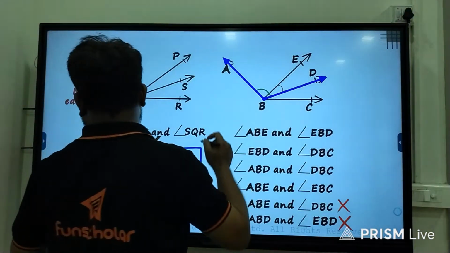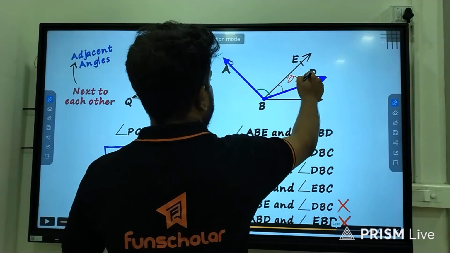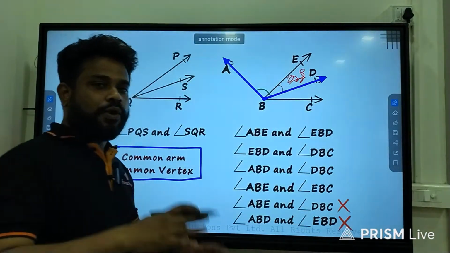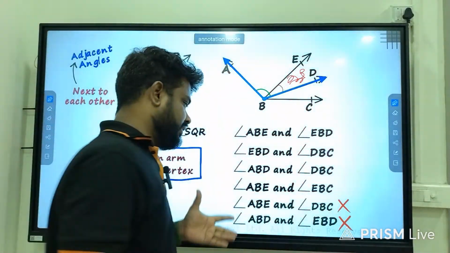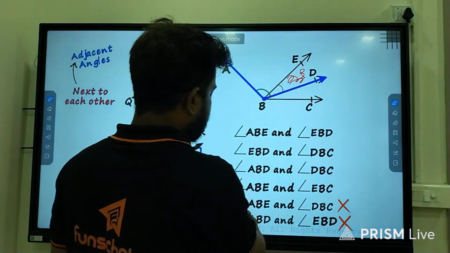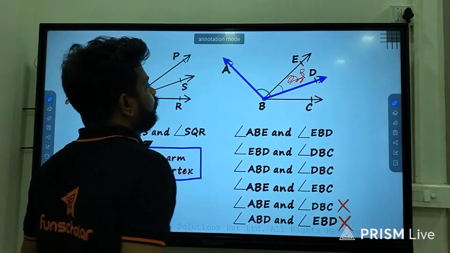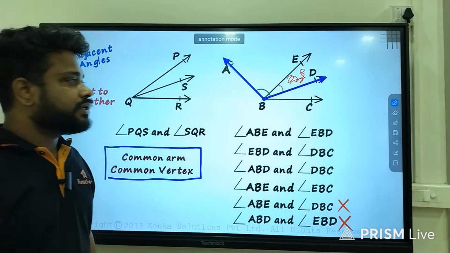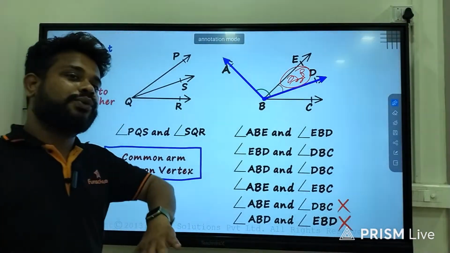So there is a blank spot here which is not being considered in the angle. So that's why they won't be adjacent. And talking about the next one, ABD and EBD will not be adjacent because this part is also common to the two angles.